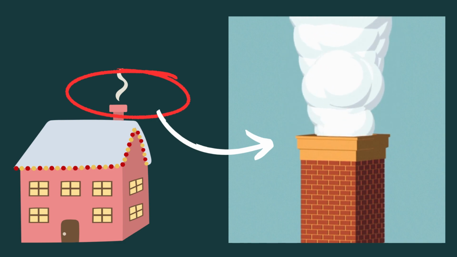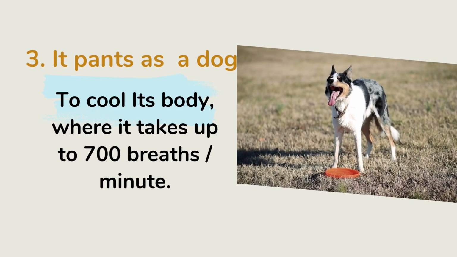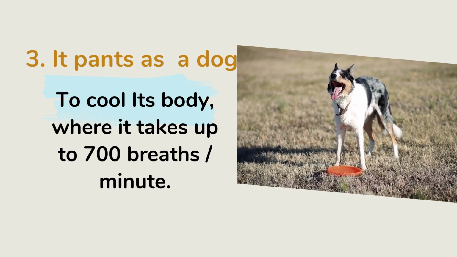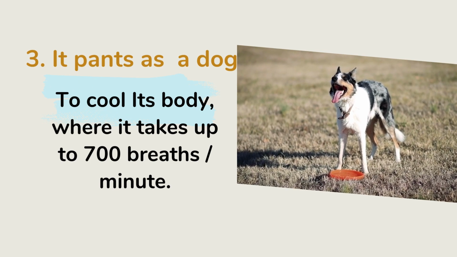Also, these large ears allow it excellent hearing, so it hears very well. So this is the second point in its adaptation, which is structural adaptation. Let's go to the third point. It pants like a dog. We say pants to breathe heavily.